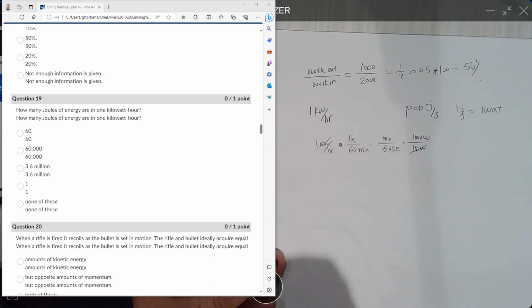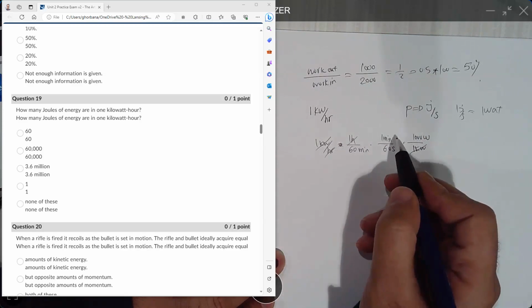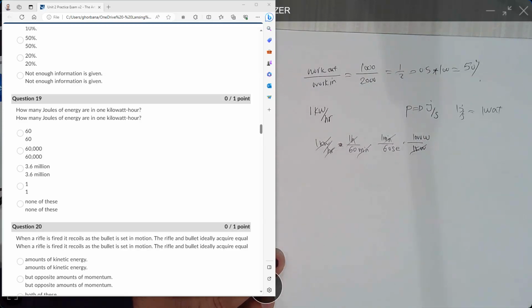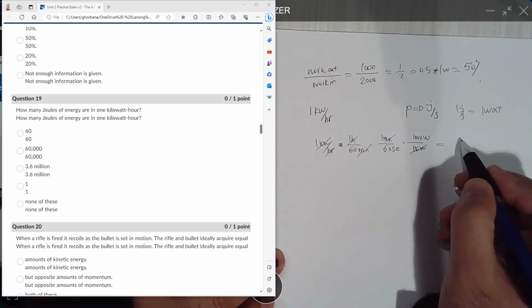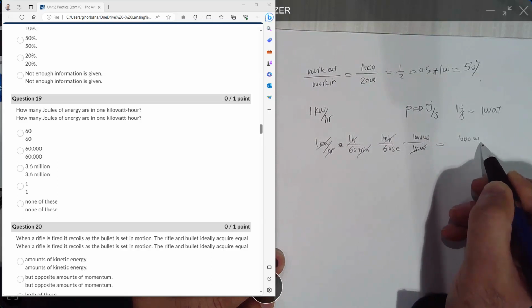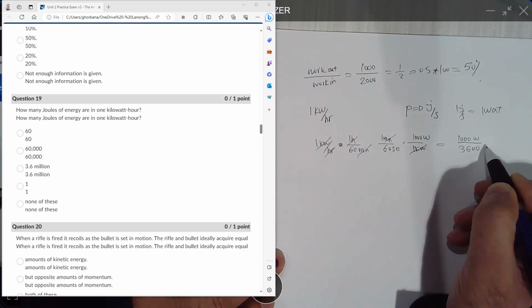So kilowatt cancels, hour cancels, and minute cancels. So we will have 1000 watt over 3600 seconds.